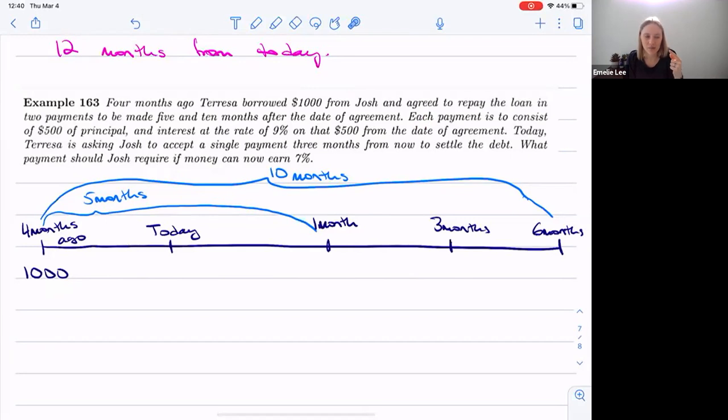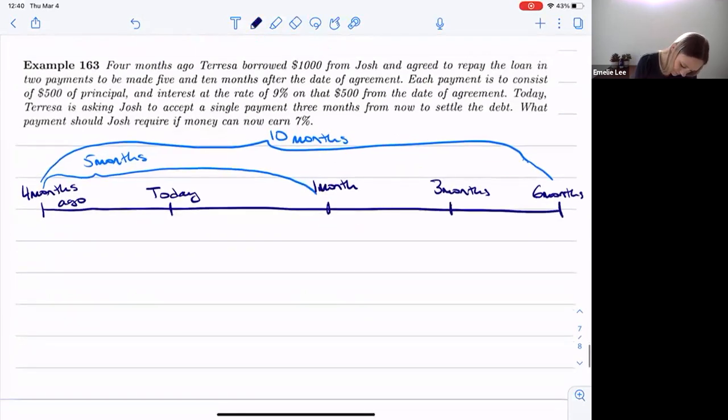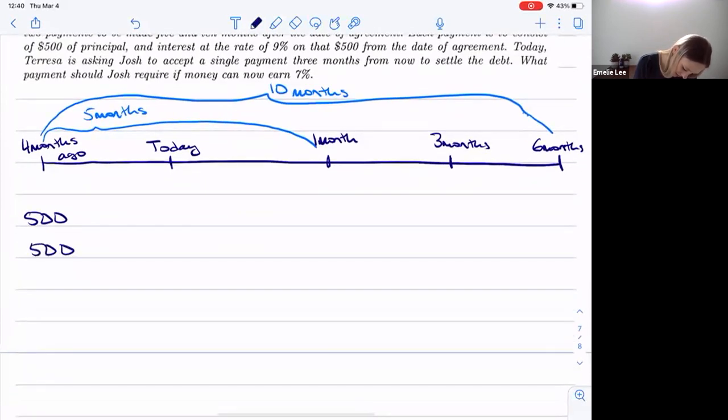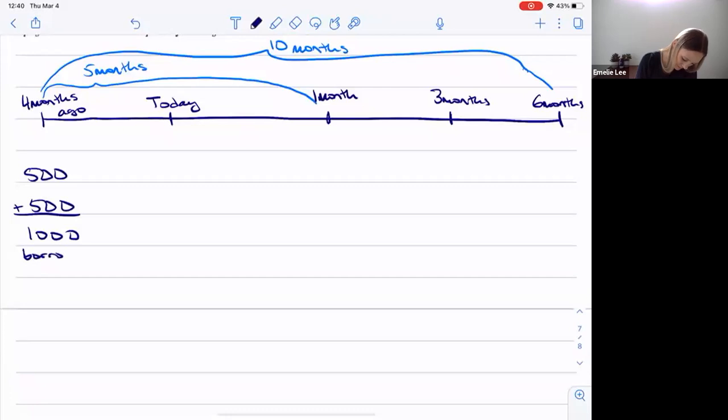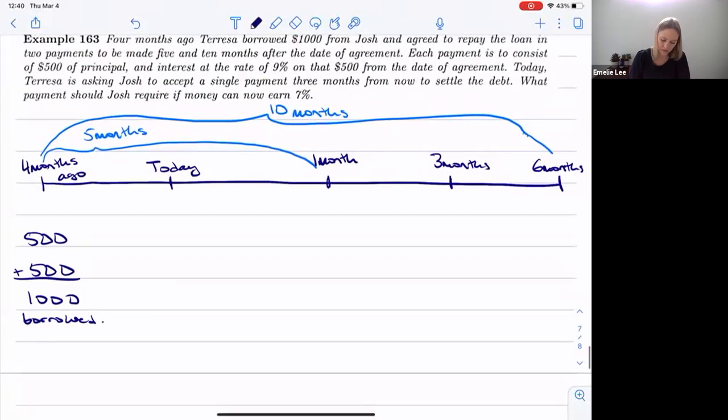So each of the payments is going to be $500 plus interest and $500 plus interest. So I'm going to change this to be 500, and 500 for a total of 1,000 borrowed. And I'm just giving myself a little bit of space because it's going to be multiple calculations here. So you can have it up close if you want.